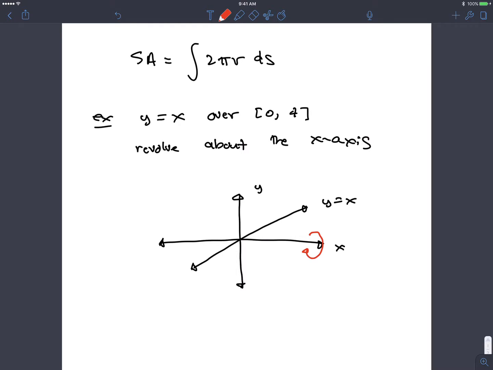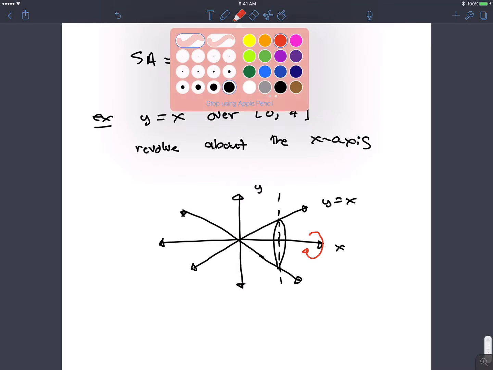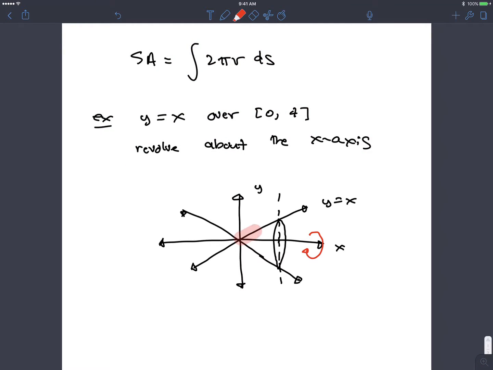Okay, so now if you remember, this creates, if we go from 0 to 4 here, we're going to take this little strip, this portion of the curve, and revolve it about the x-axis.